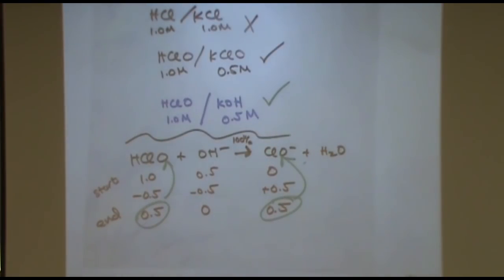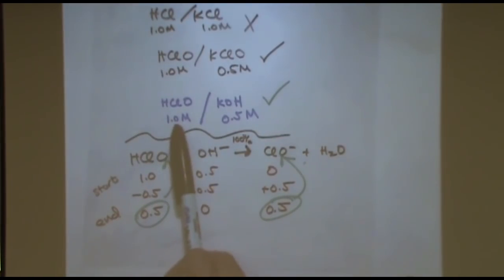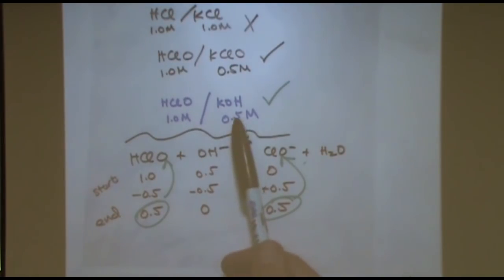This kind of weird scenario will happen when the concentration of the weak entity is approximately twice the strong entity. It will generate a buffer. Here's the weak entity. The molarity is about twice, in this case exactly twice, that of the strong entity. When that happens, it'll generate a buffer.